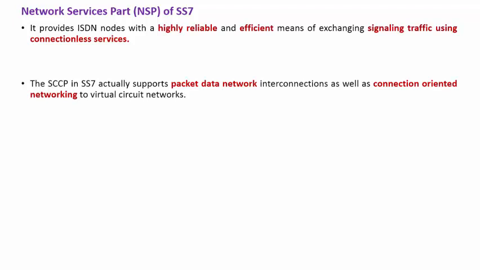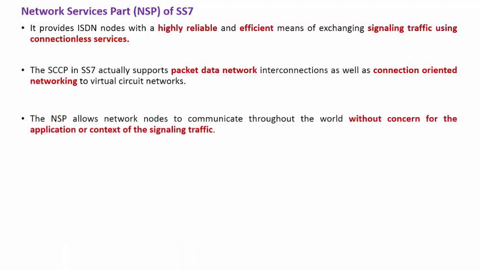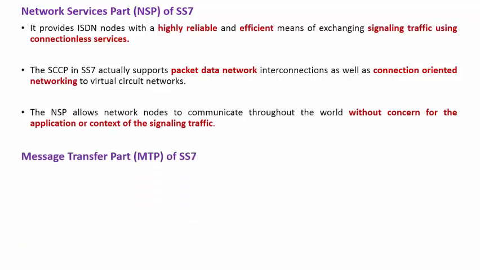SCCP in SS7 actually supports the packet data network, as it is mapped on the network layer of the OSI model, which interconnects connection-oriented networking to virtual circuit networks. This NSP allows network nodes to communicate throughout the world without concern of the application or context of signaling traffic.